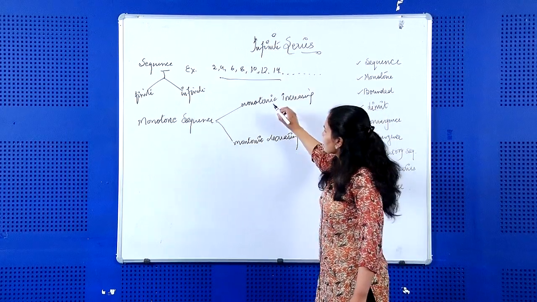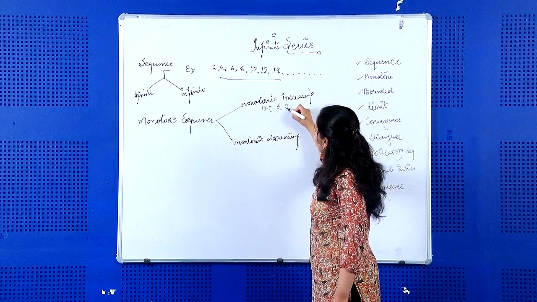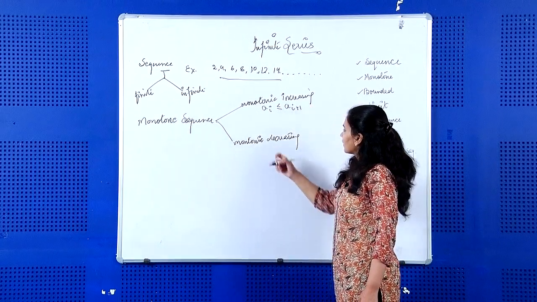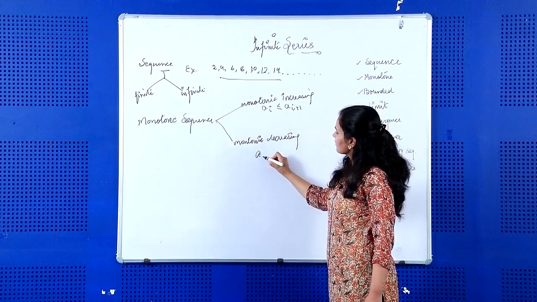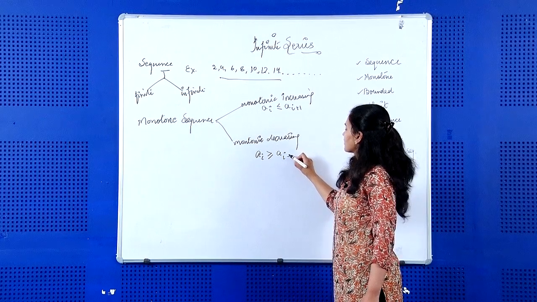Monotonic increasing means a_i will be less than a_(i+1), and monotonic decreasing means a_i will be greater than a_(i+1).